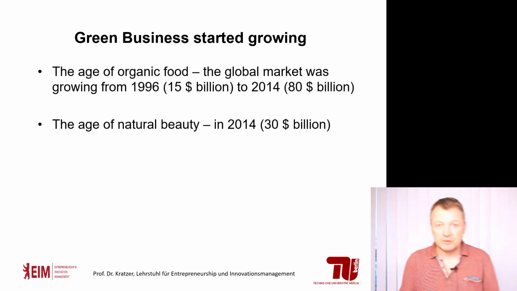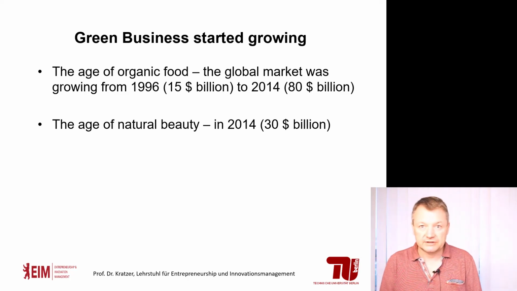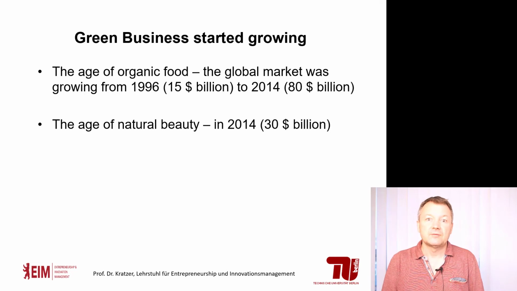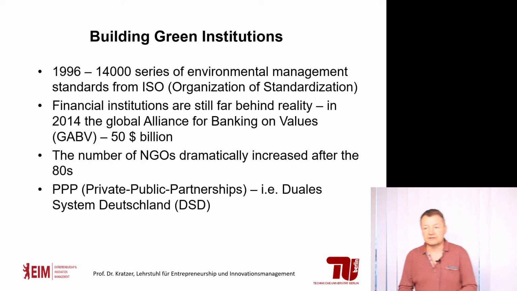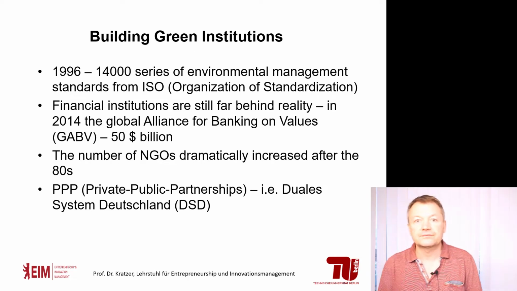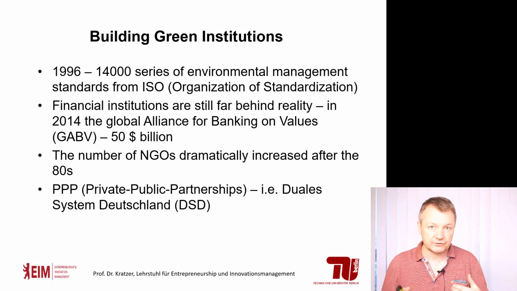Sometimes it was questionable what's really green or what isn't really green. The business models were questionable, but at least there was a business starting from that. Also NGOs, charities, a lot of financial institutions started to have green funds to allow investments in green papers.